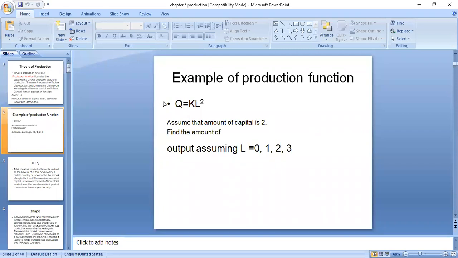What does it mean? It means that at 0 level of labor, you will not get any output. Now put L equal to 1, 2, and 3. You will get different values of the output. It implies that you need a certain amount of labor to get a certain amount of output. So this is a typical example of production function.